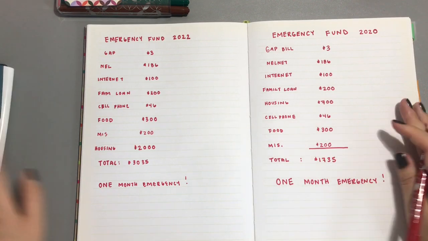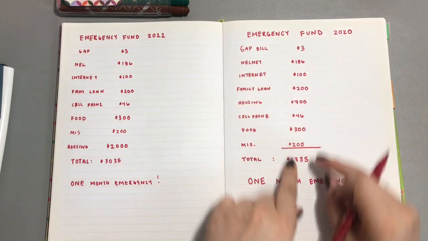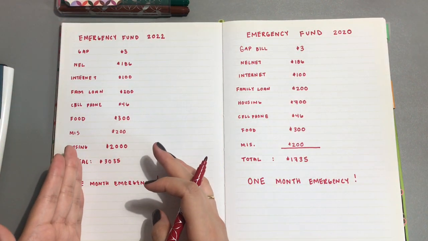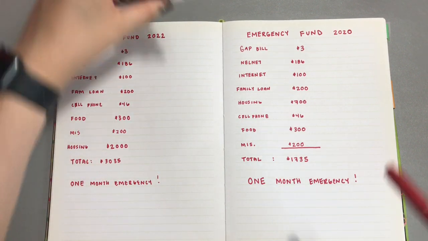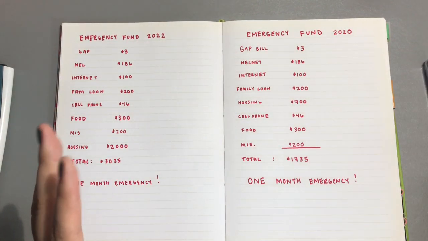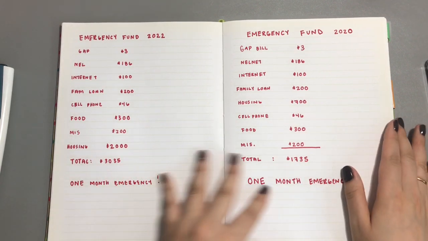So right now, again, like I said, my goal is to work up to the $1,000, then work up to this, and then work up to this, if that makes sense. Just because when it's 2022, I kind of want to already have my emergency fund set, so I don't have to worry about that. That includes my mortgage. Yes. All right, guys.